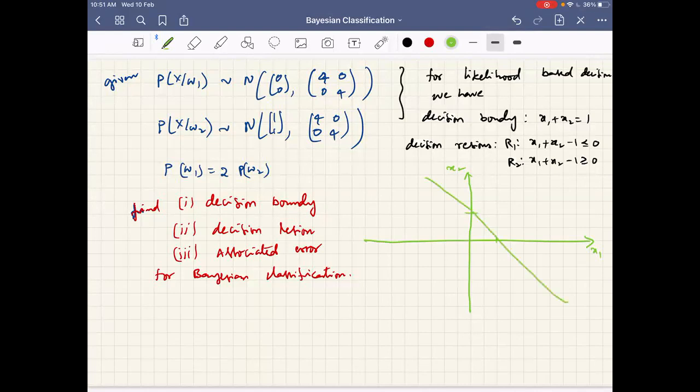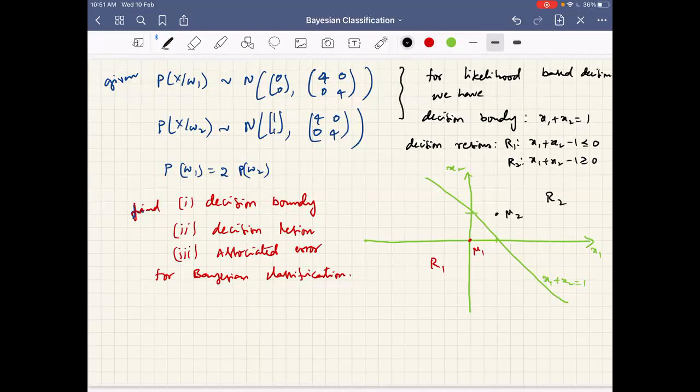This is the decision boundary we had, X1 plus X2 is equal to 1. Which is R1 now? This is region R1 because the mean mu1 is here, and the mean mu2 is here, and hence this is R2. This is all in likelihood based decision.